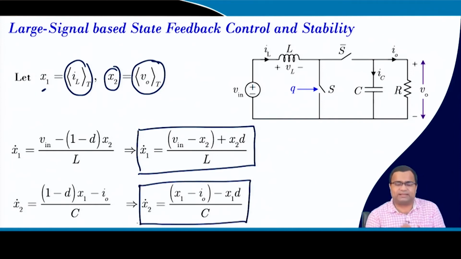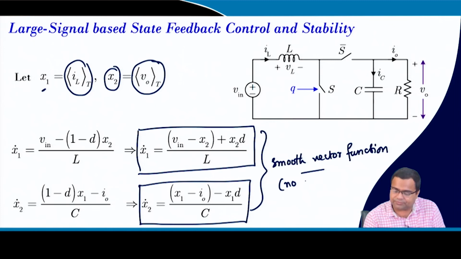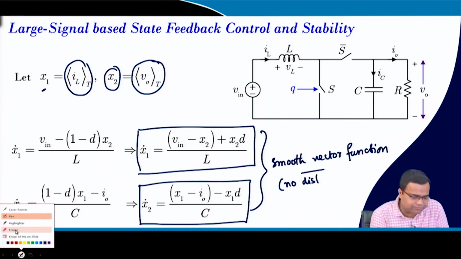So, we are not spending time on this, and here we are writing that these are all smooth vector functions, because there is no discontinuous control input and there is no discontinuity.